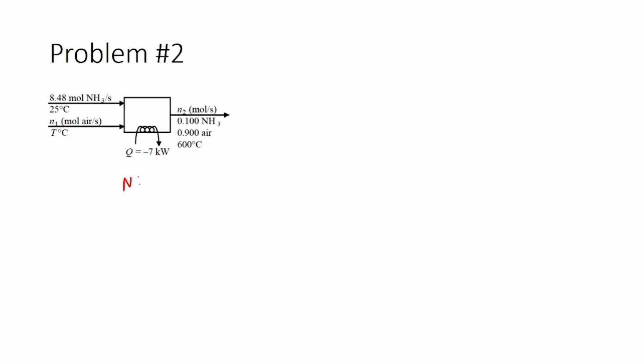So, the material balance calculation would be ammonia which is coming in at 8.48 accounts for 0.1 times N2. So, from here we can calculate N2 as 84.8 moles per second.